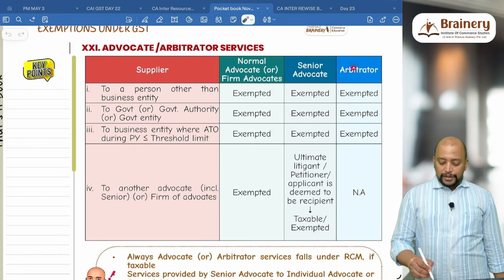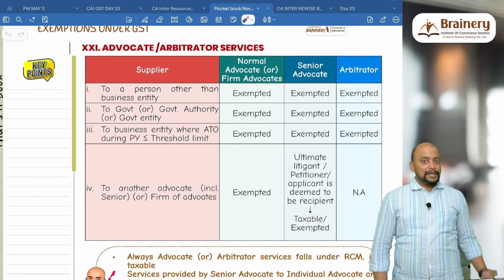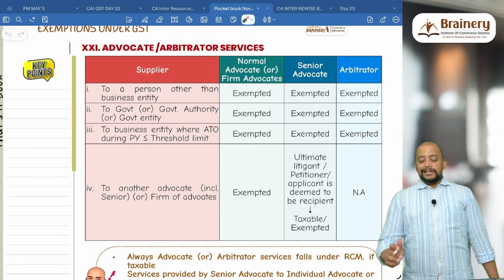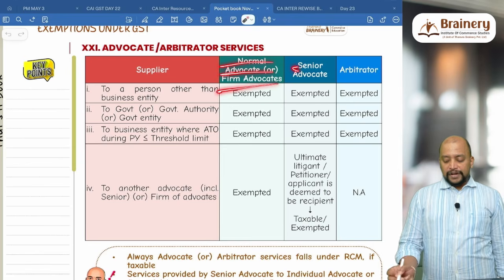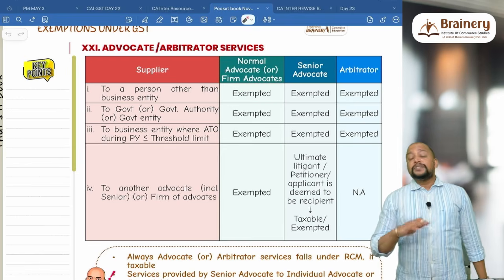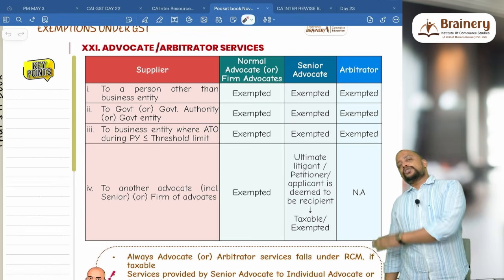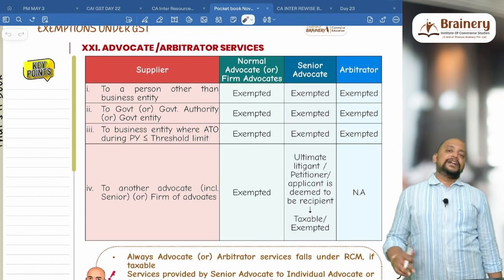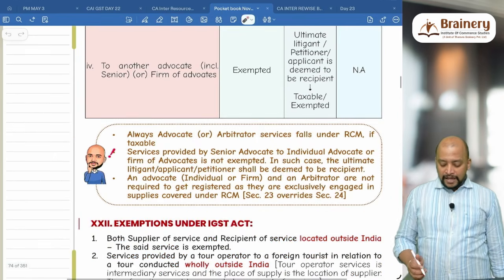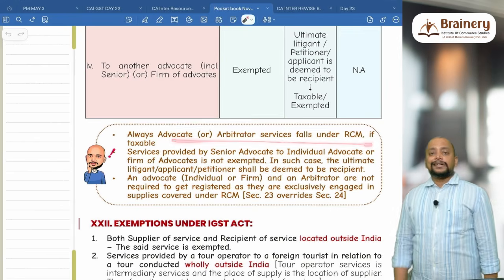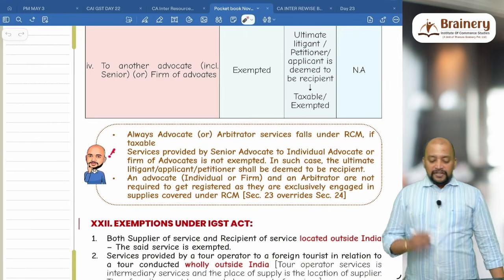But arbitrator to another advocate is not possible. And if the advocates, that is either normal advocate, firm of advocate, senior advocate or arbitrator, if they provide service to a business entity whose turnover during the previous year exceed threshold limit, then it will be taxable. Wherever it is taxable, it will be covered under RCM. That's what always advocate or arbitrator service falls under RCM if taxable.